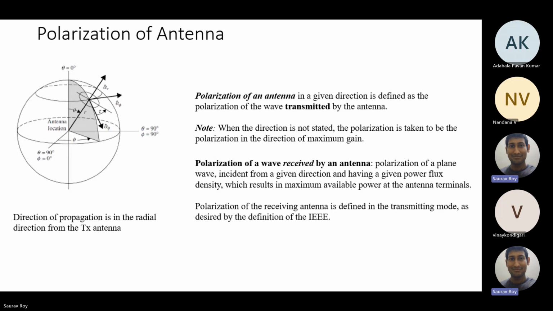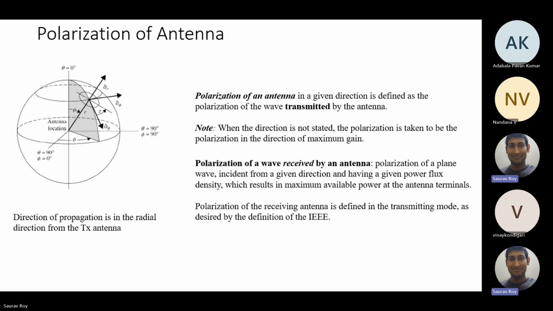Again, we are considering the sphere. In the center of the sphere, we have our antenna. Now how will you define the polarization of an antenna? These are IEEE definitions.